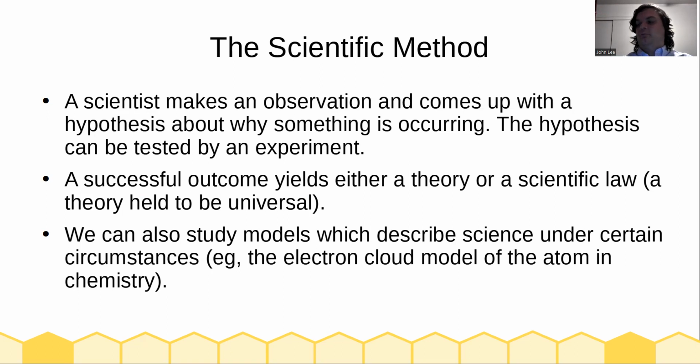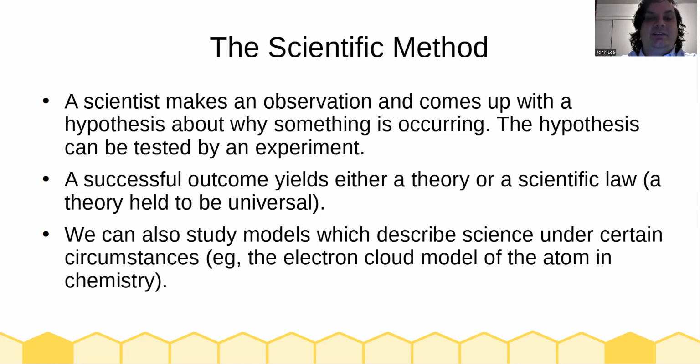And the reason that physics is able to make these predictions and make these new technologies is because it is the fundamental science, and that means that it follows the scientific method.